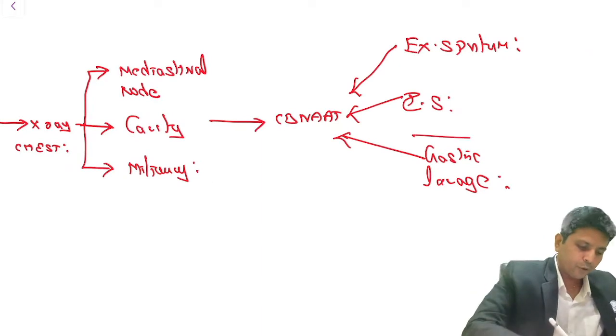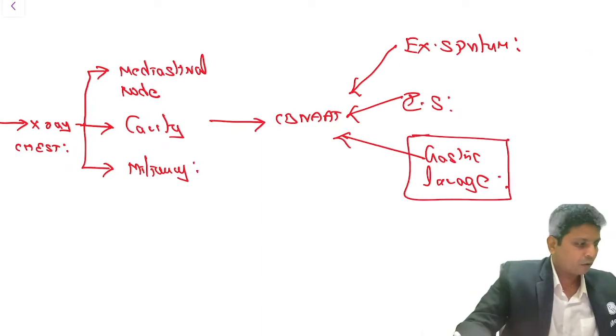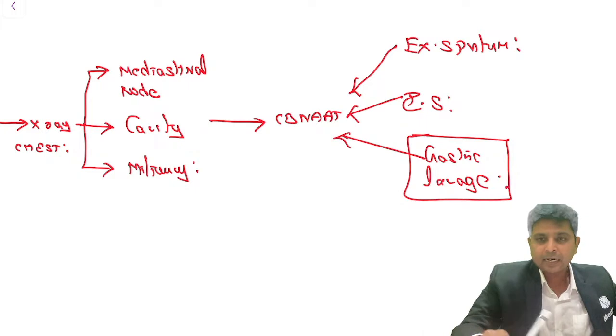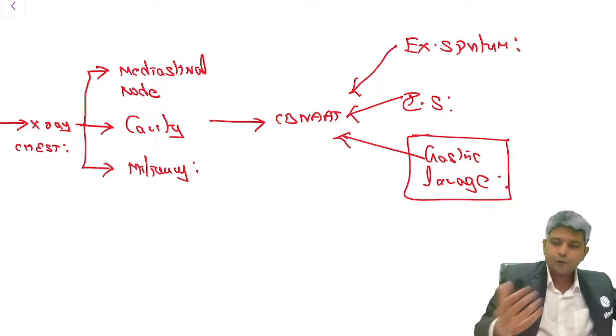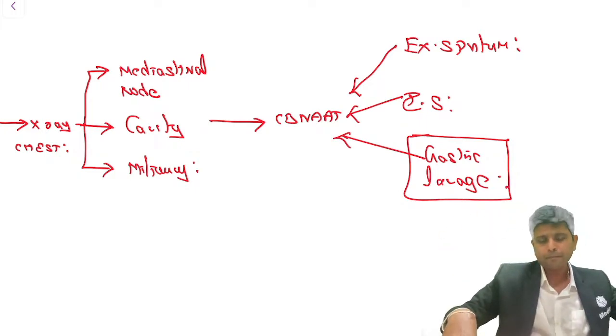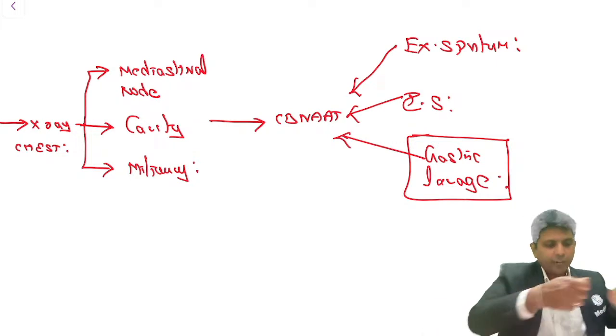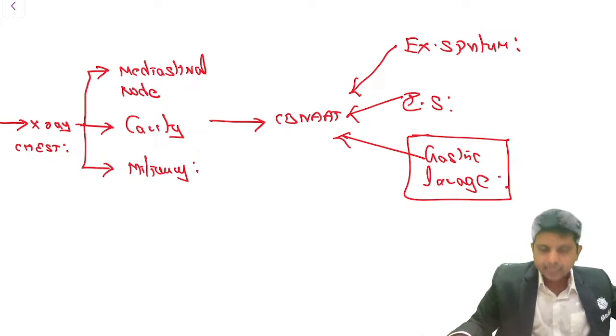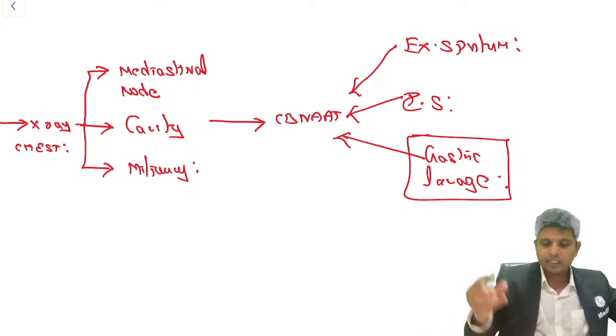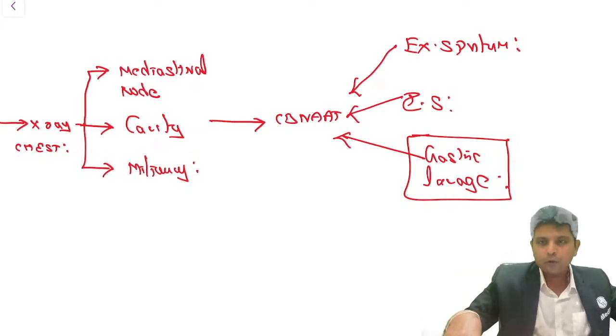Most commonly we use gastric lavage. So what is gastric lavage? You need to put an NG tube at night itself. In the morning, even before the child wakes up, you need to aspirate the contents of the stomach, because the child would have swallowed sputum.